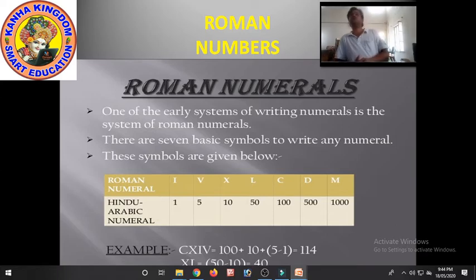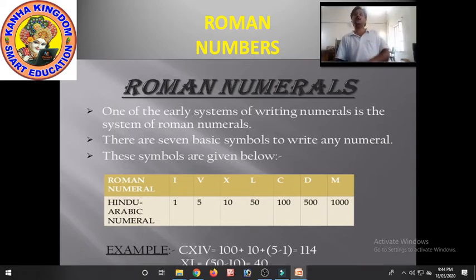From your first standard you all know about Roman numbers, but in your class there are some changes, though many things are the same as the previous class. Understand? So first I will tell about Roman numbers.